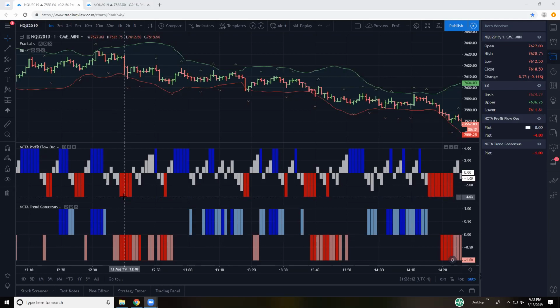A very conservative trader might wait for that alignment. It's not what we suggest. We suggest using the profit flow oscillator primarily for your entry, but pay attention to the trend consensus. When that lines up, you have a strong move that is likely coming.